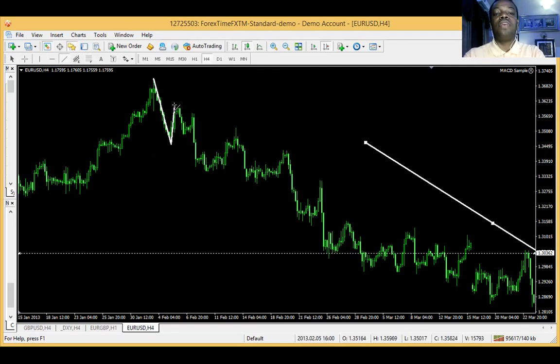It has made what we call lower highs. This is the lower low. Lower highs and lower low. So now it has made a lower high, and it's heading to another lower low. So this place will be my entry point. A downtrend has already been established here.